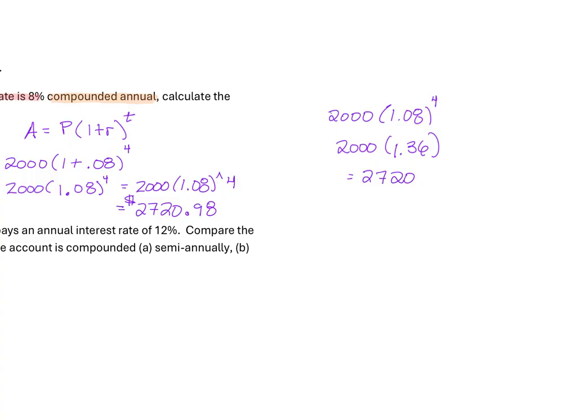So what we call this is intermediate rounding, and this is something you do not want to do. If you're going to do just one thing at a time on your calculator, instead of typing in the 1.36, above the negative button you should see something that says answer.